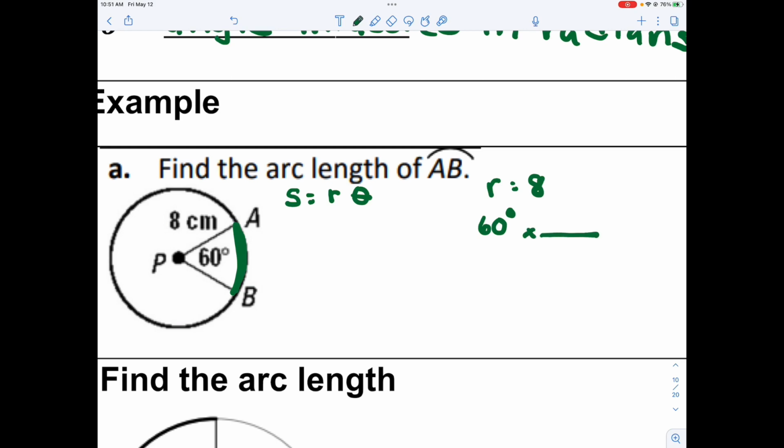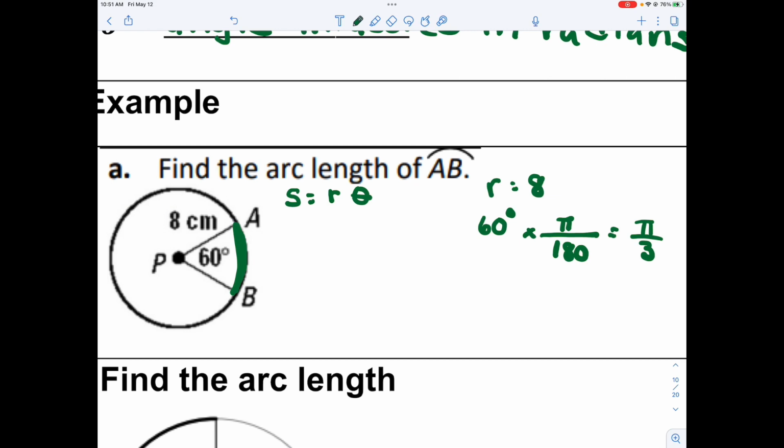And remember, when we're going from degrees to radians, we multiply by pi over 180. If you recall from yesterday, we would do alpha y equals 60 over 180, and then the calculator would give us a fraction, which is 1/3. So we would then say that this is 1 pi over 3.